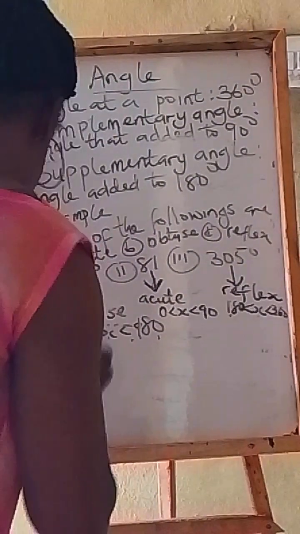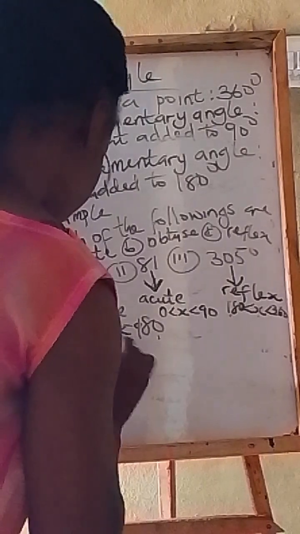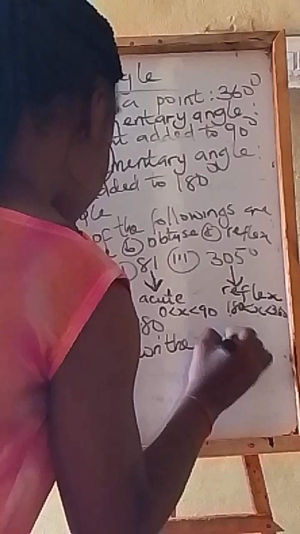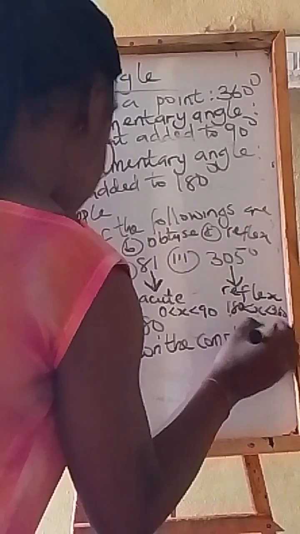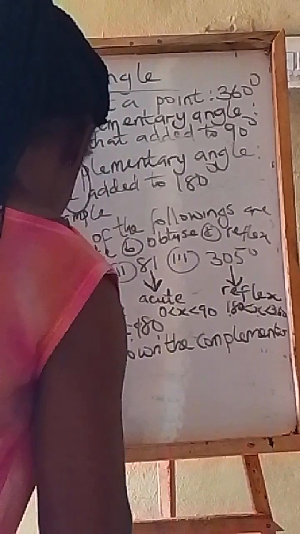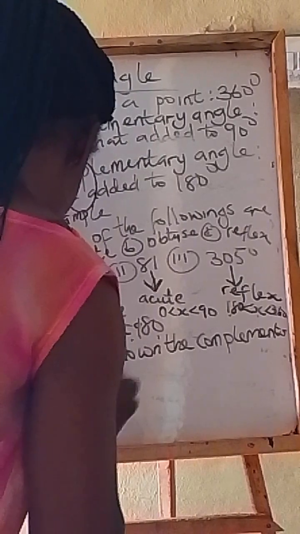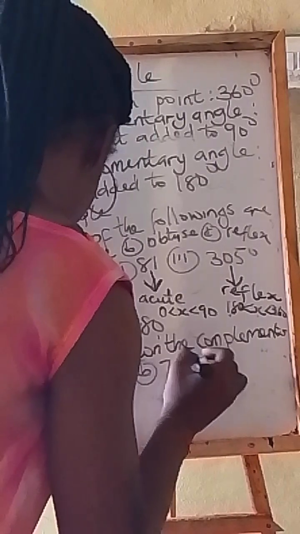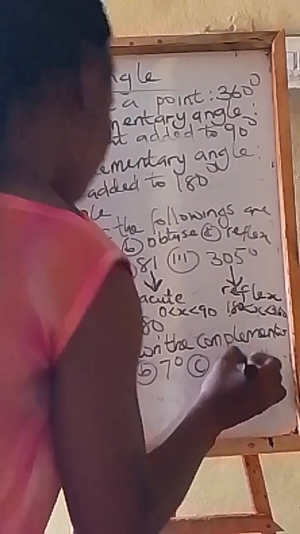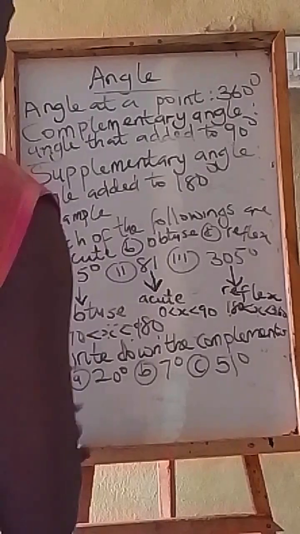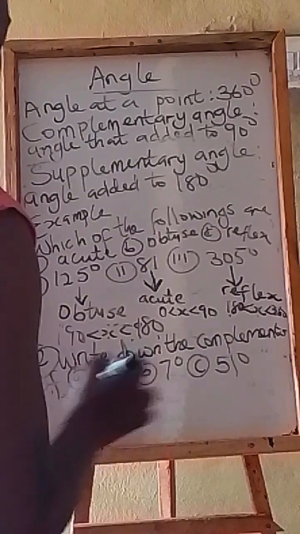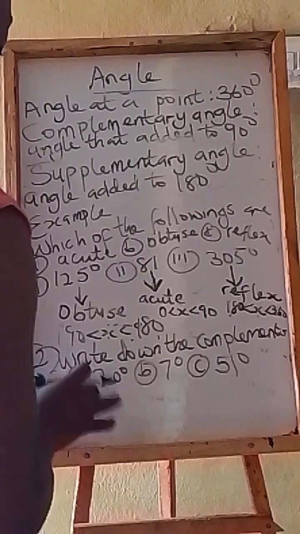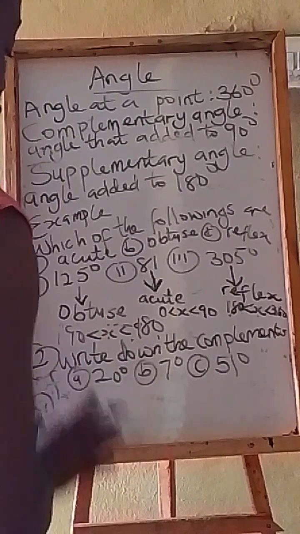We have number 2. Write down the complements of A, 20 degrees, B, 7 degrees, C, 51 degrees.